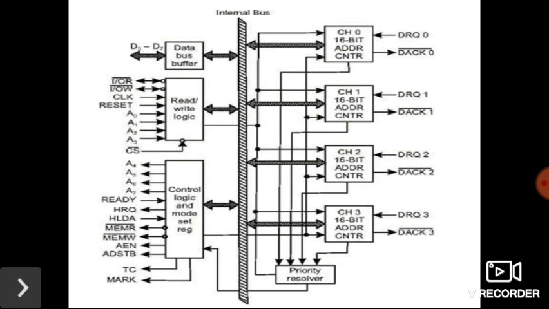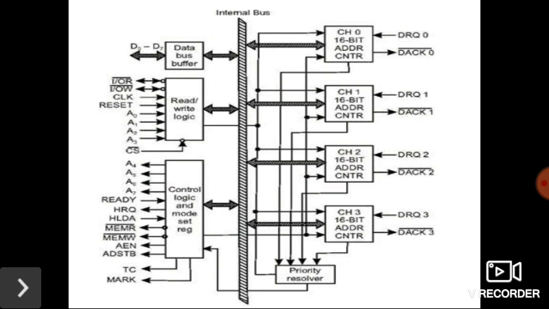There are also two common registers for all channels, the mode set register and the status register. Therefore, there are 10 registers in the 8257. The CPU can select any one of the 10 registers using the address lines A0 to A3.